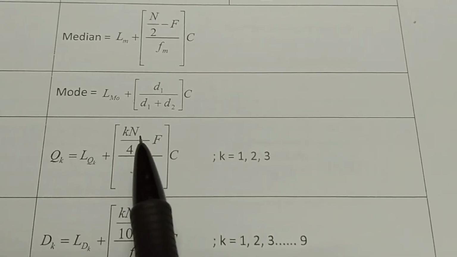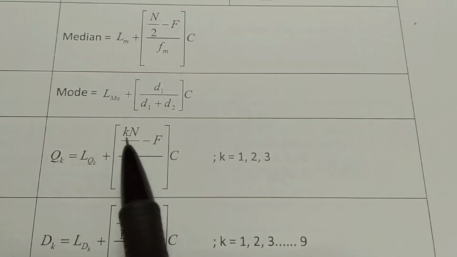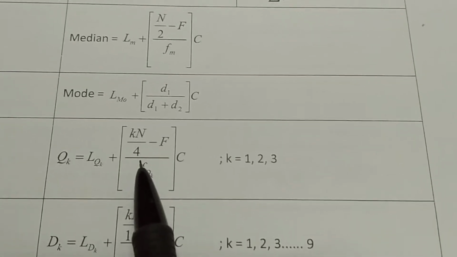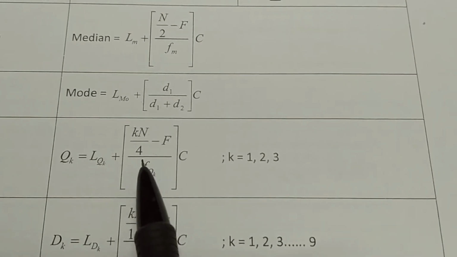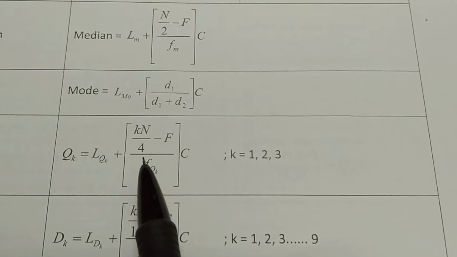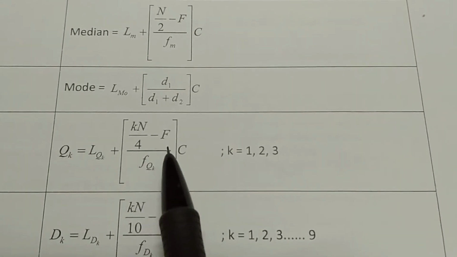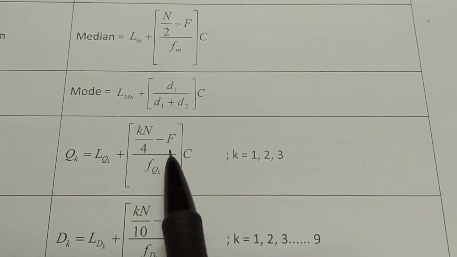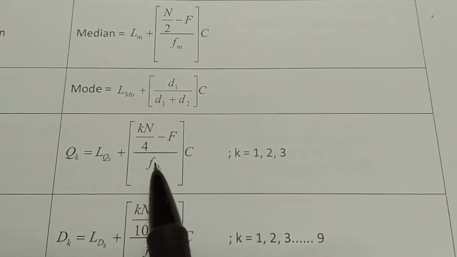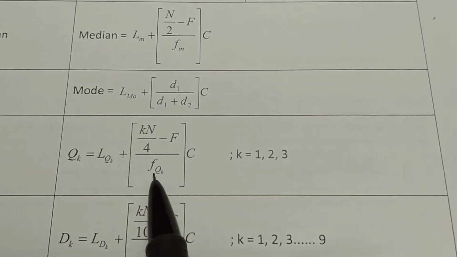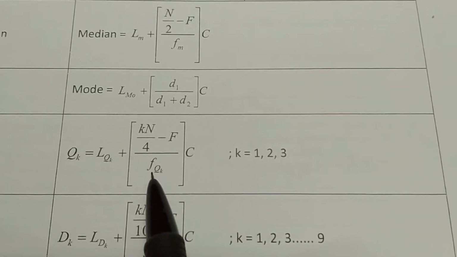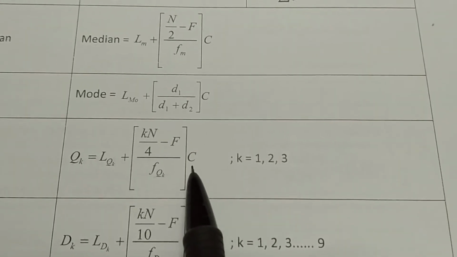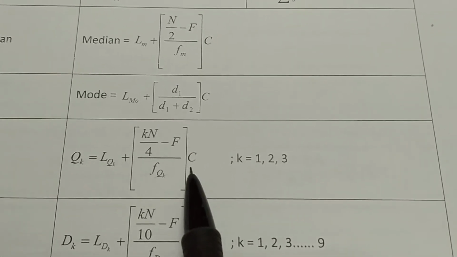N is the total frequency, and for quartile we must divide by 4 because quartile means we divide the data into 4 equal parts. Minus F, capital F is the cumulative frequency before quartile class, divided by small letter f, the frequency of quartile class, and multiply with C. C is the size of class.